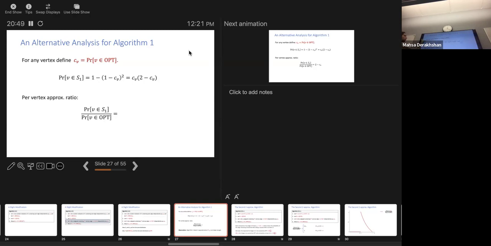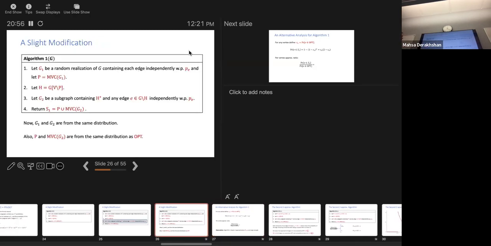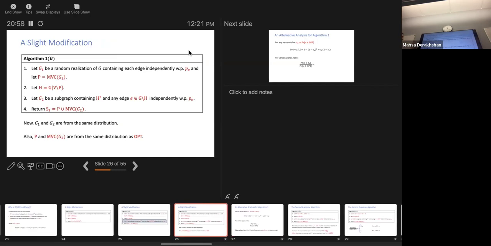So now what's the probability that this vertex is in the output of the algorithm we talked about? So you want to calculate the probability that a vertex is in S1, right? When would that happen? It should be either in the minimum vertex cover of G1, or in the minimum vertex cover of G2.